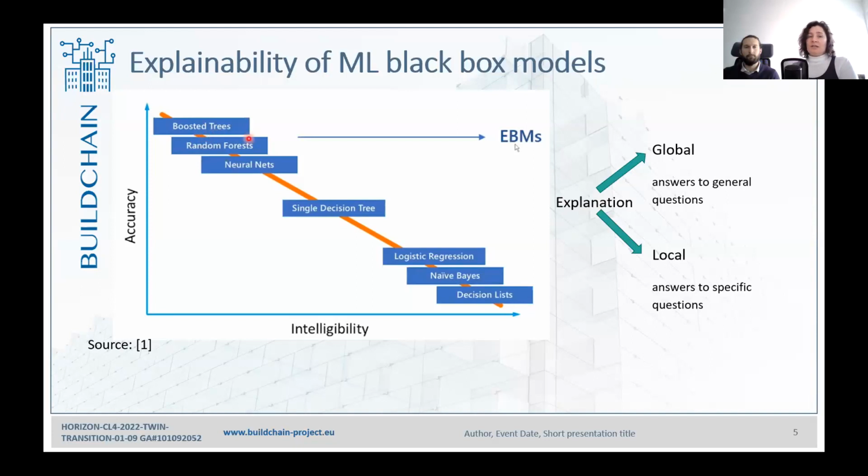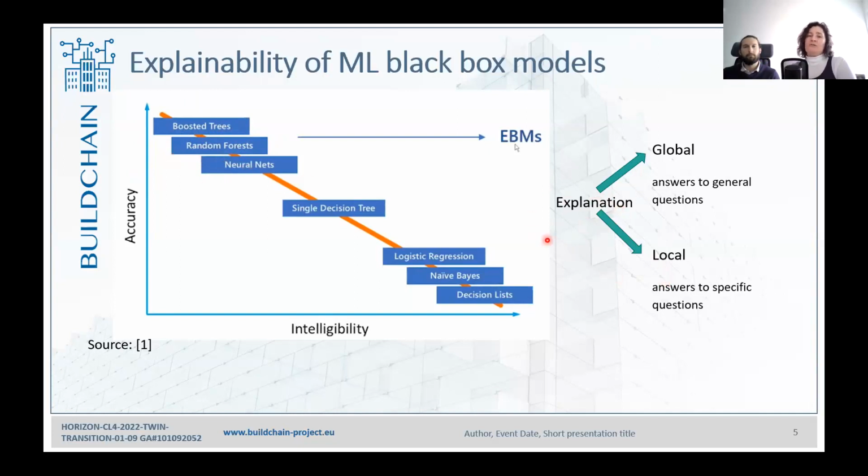Another way is to add on top of these deep neural networks or on some tree methods, some explainability model, a special or additional model that explains the model itself.